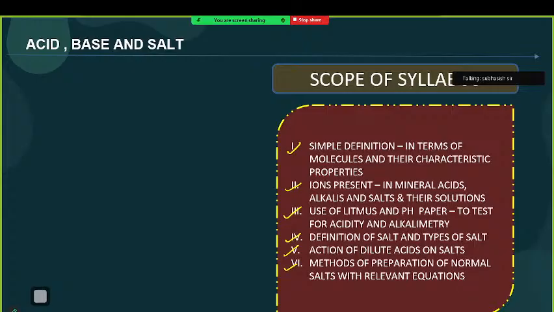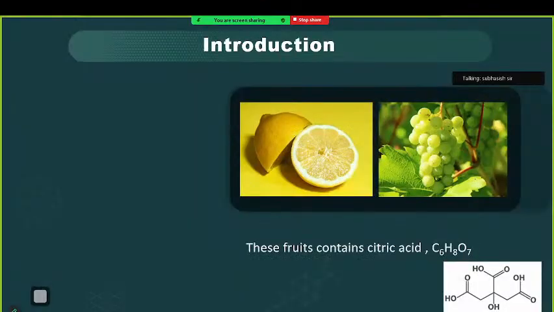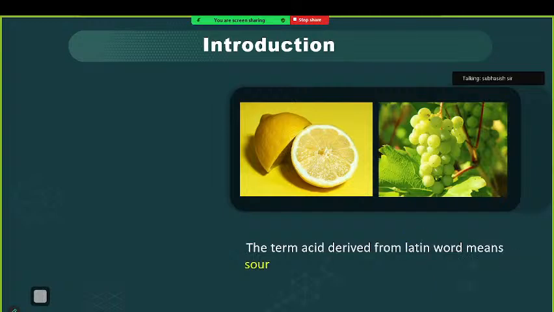So first of all, we should discuss what is actually an acid. The term acid comes from the citrus fruits. That is, citrus fruits are acidic. They contain citric acid, and the term acid is derived from a Latin word which means sour.